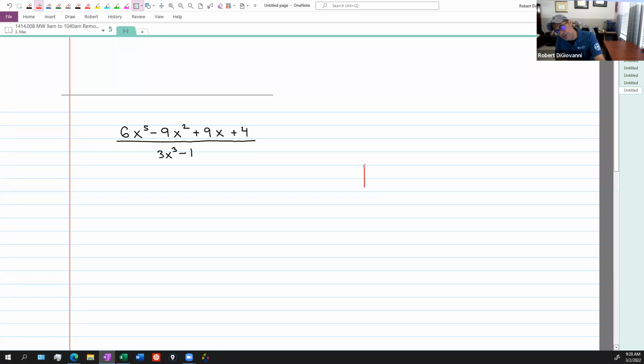When I write my division box, watch what I do, okay? I need it in descending order. So 6x to the 5th plus, watch, 0x to the 4th plus 0x cubed minus 9x squared plus 9x plus 4.